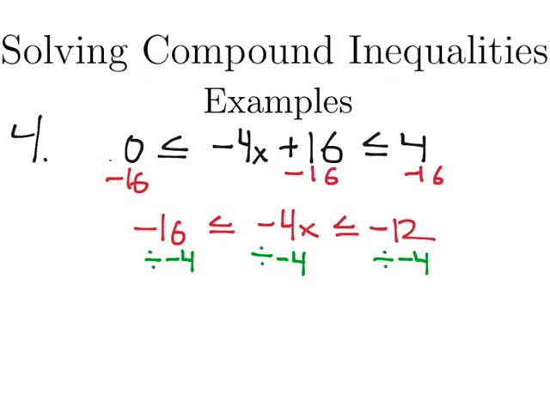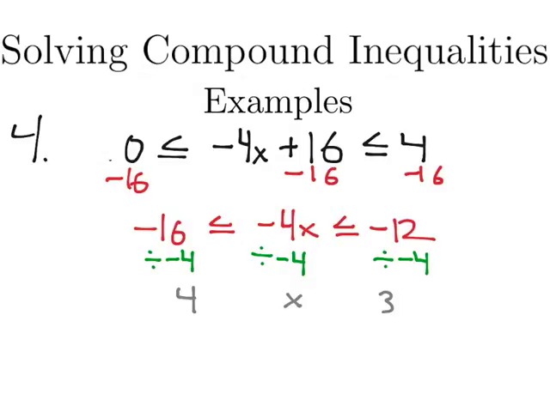So, in the middle we have x. On the left, negative 16 divided by negative 4 is the same thing as 16 divided by 4, which is just 4. And on the right, negative 12 divided by negative 4 is the same thing as 12 divided by 4, which is 3. The signs, however, get switched.